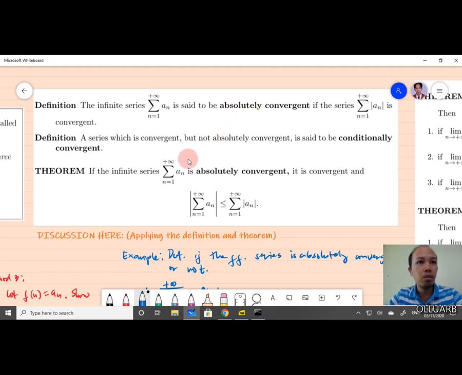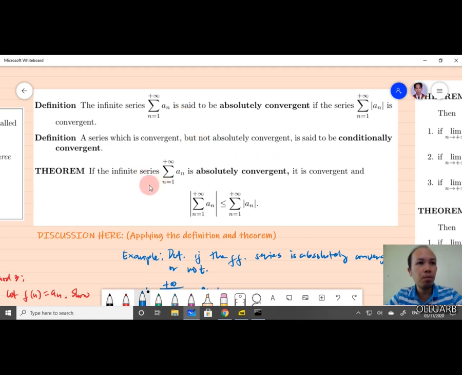Okay, but do not lose hope. After that, if the absolute value is not convergent, go back to the original series and then test whether the series is convergent or not. If the series is convergent, then you can conclude that the original series is conditionally convergent. But if not, then finally the original series is divergent.